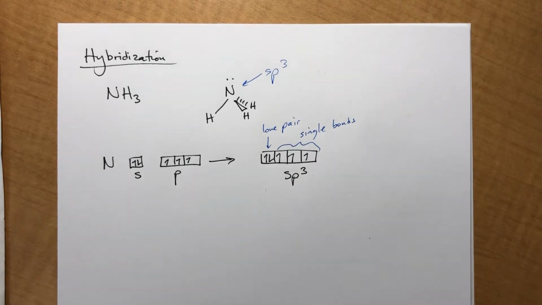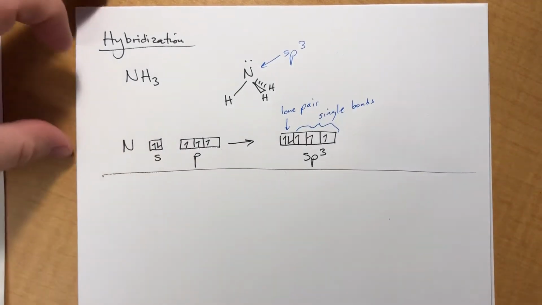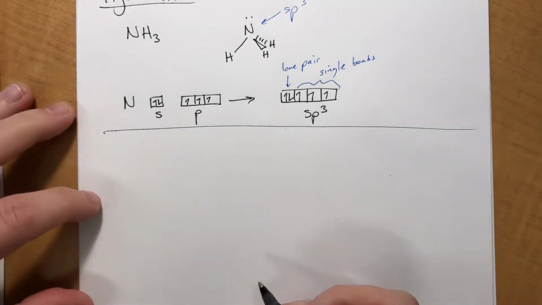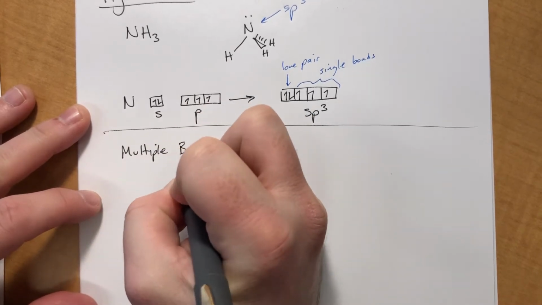Okay. We need to throw a slight wrench in the works here. We need to talk about what happens if you have multiple bonds. So if you have double bonds, triple bonds, things get a little messy. It's not horrible, it's just a little messy. Okay. And so let's talk about what happens if you have multiple bonds, because that's going to start changing the answers a little bit.